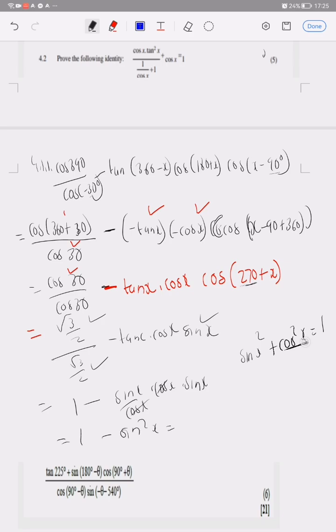So we want to know the value of cos squared x. So cos squared x is equal to 1 minus sine squared x. Right, so now instead of writing this, we can write cos squared x. So that is the solution for this one, and that's how you get another mark.